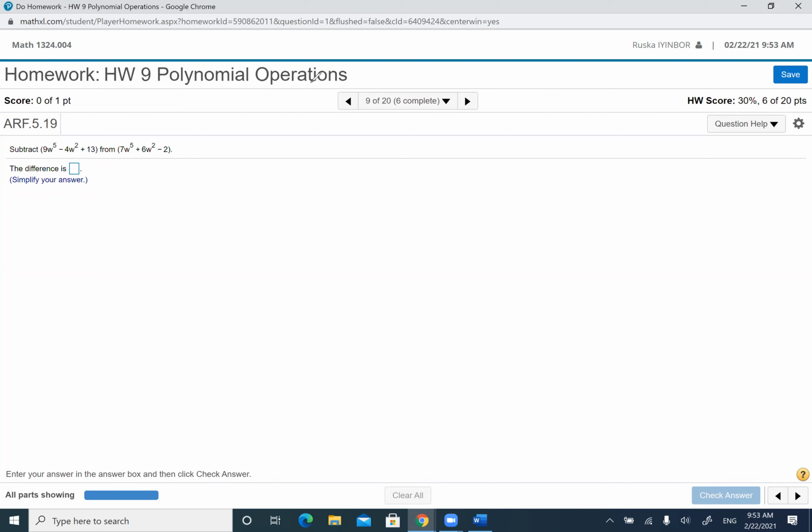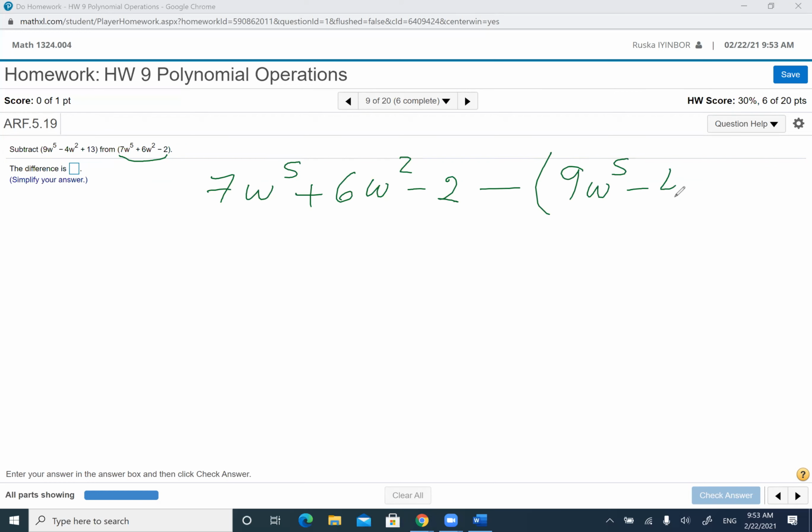If it says from, that means this is the first one. So technically you're doing 7w fifth plus 6w squared minus 2, minus the other one, 9w fifth minus 4w squared plus 13. Be careful when you subtract, always put it in parentheses.